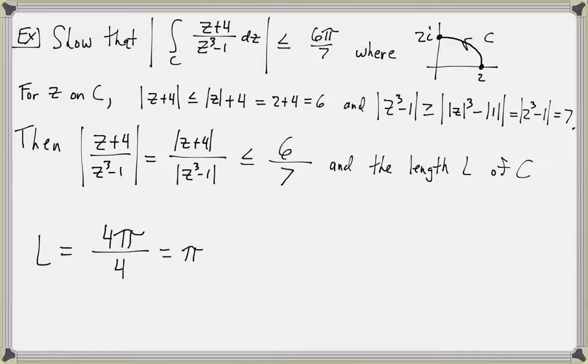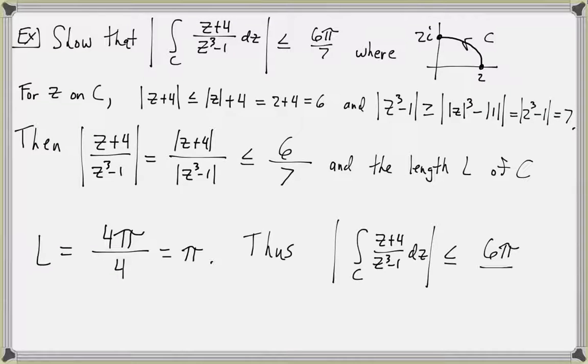So the length of this contour is pi units. Therefore, by the ML inequality, the absolute value of the contour integral of z plus 4 over z cubed minus 1 will be less than or equal to our maximum 6/7 times the length L, pi, or 6 pi over 7.